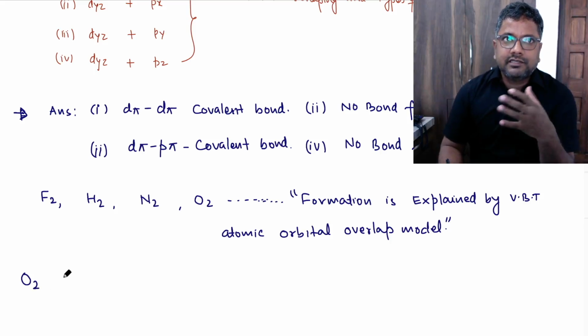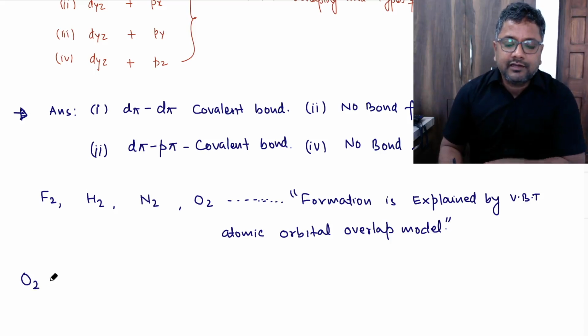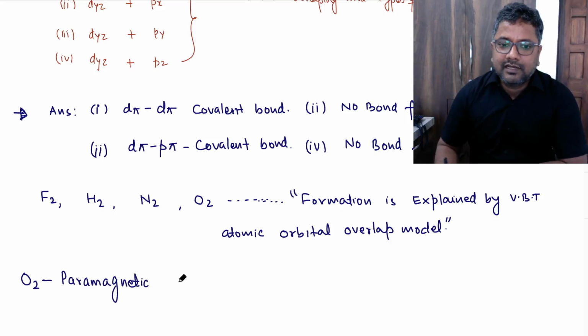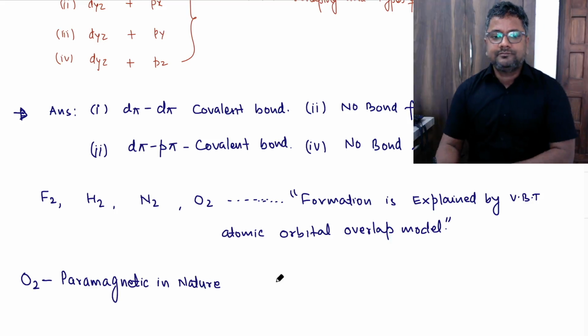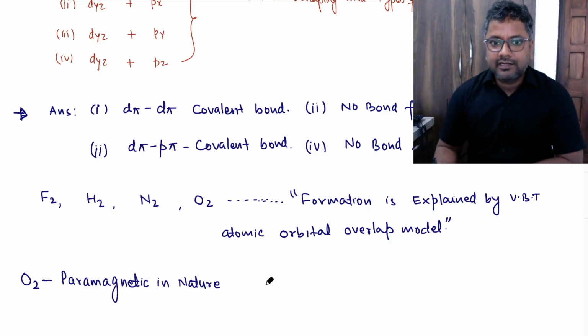Oxygen present in our atmosphere is paramagnetic in nature.